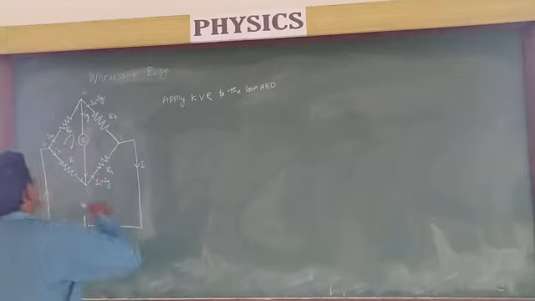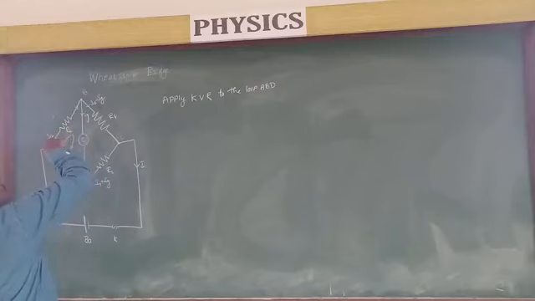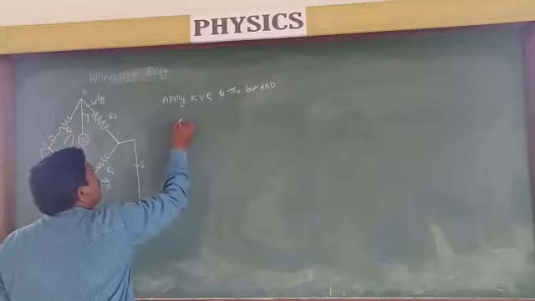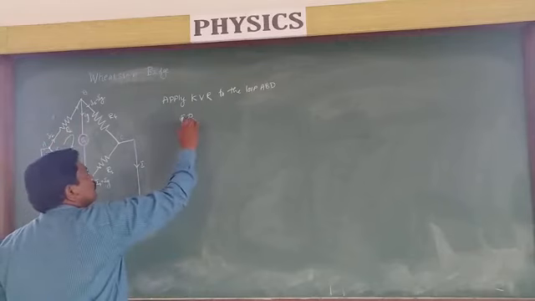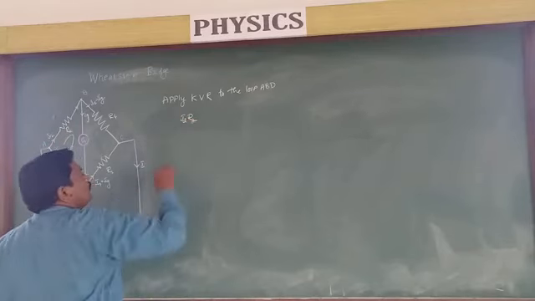Start from A to B: the current is I2, the resistance is R2.